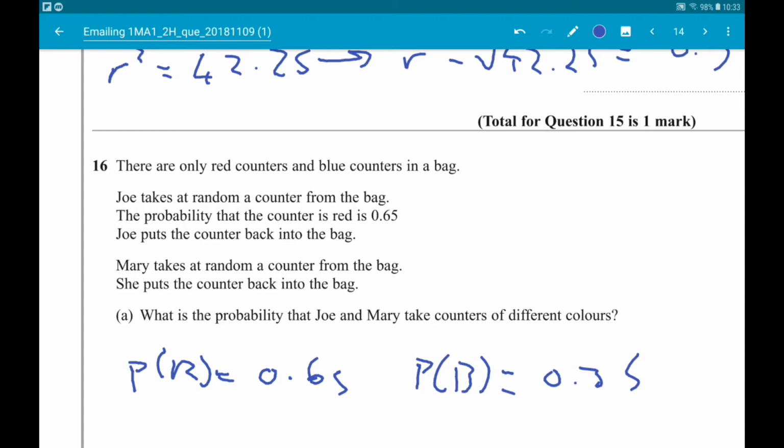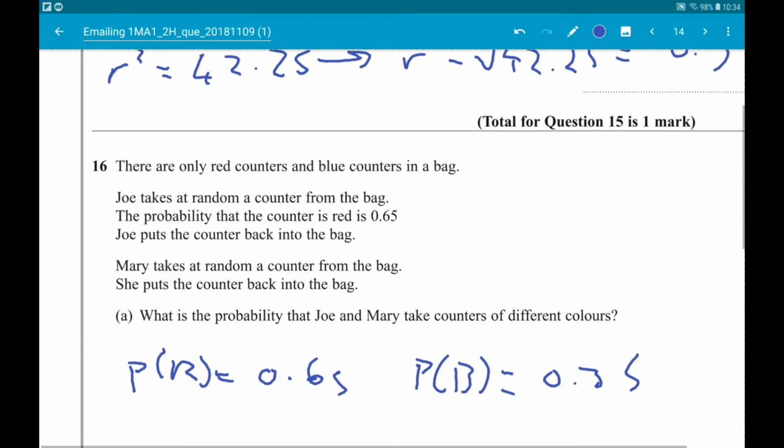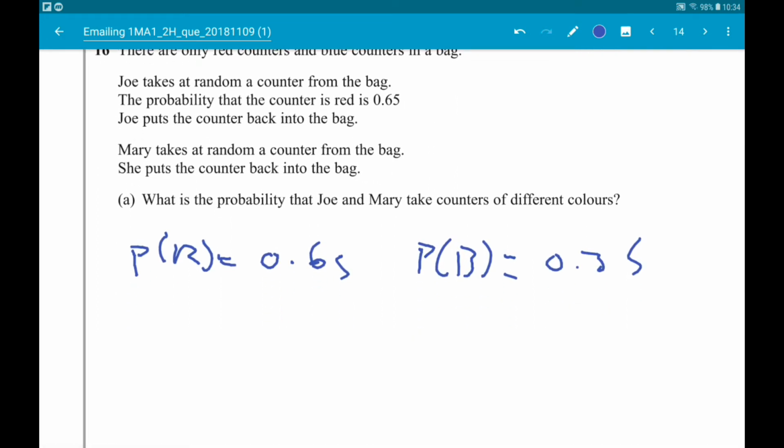So then Mary takes a random counter from the bag. She puts the counter back in the bag. Part A. What is the probability that Joe and Mary take counters of different colours? Okay. So, there's two possibilities here.